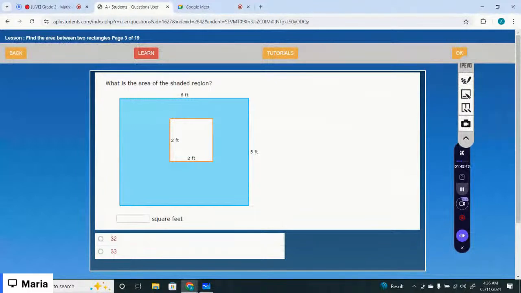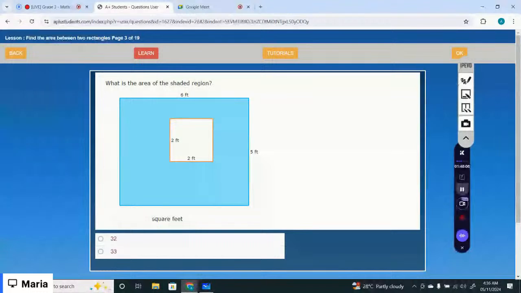What is the area of the shaded region? That isn't the same one we just did. You have to calculate the area of the bigger one. That's exactly the same we just did, right?